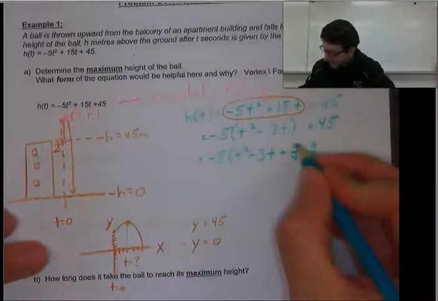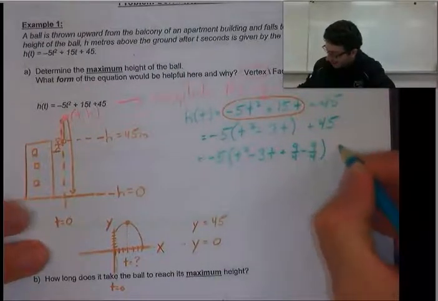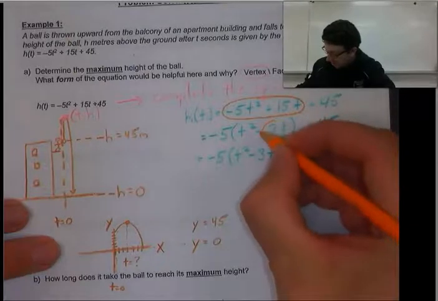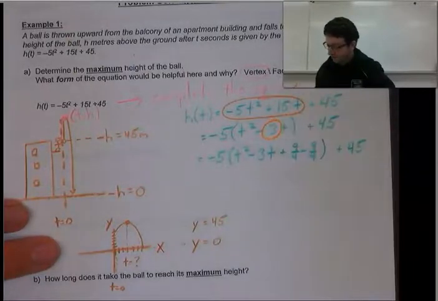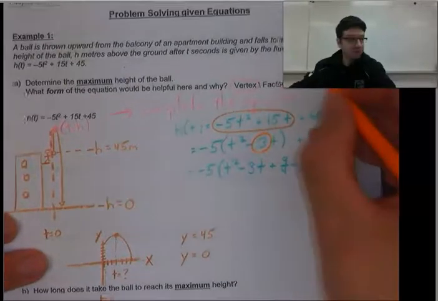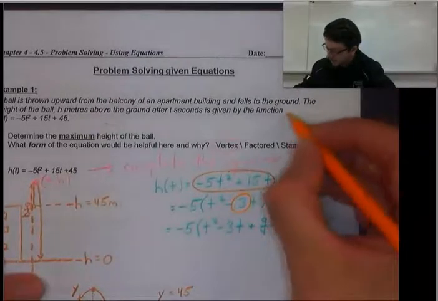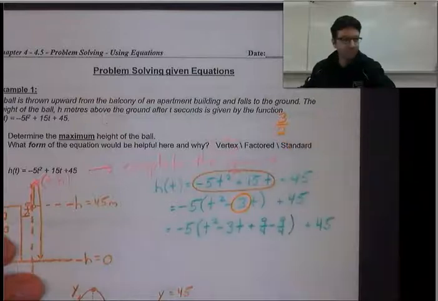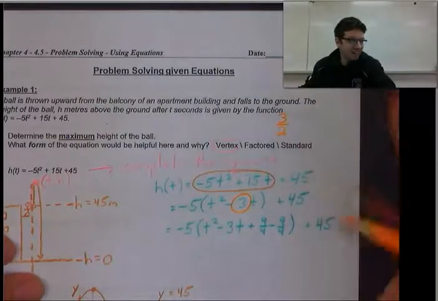Alright, so let's just recap where that 9 over 4 came from. What you do, use a different color, is take this coefficient 3. Okay, I'll just go up here and do this. So take 3, then divide by 2. In this case, it gives you a fraction.